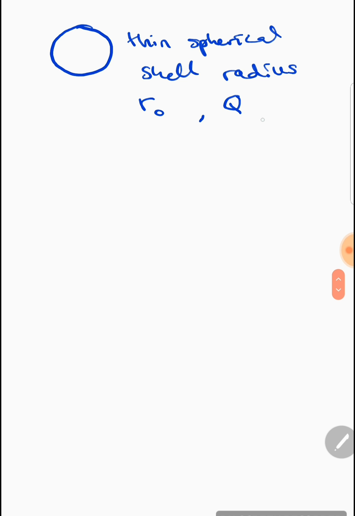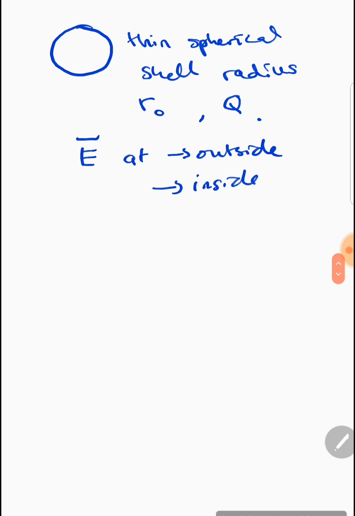Now they're asking you to find the electric field first outside the spherical shell and then inside the spherical shell. So if I imagine this, I have a thin spherical shell with uniform and continuous net charge, at a radius of r0.